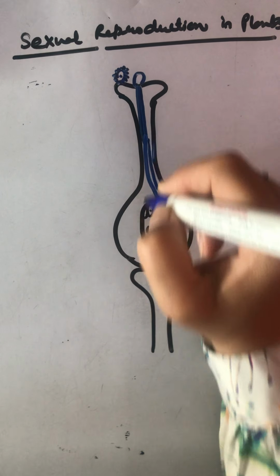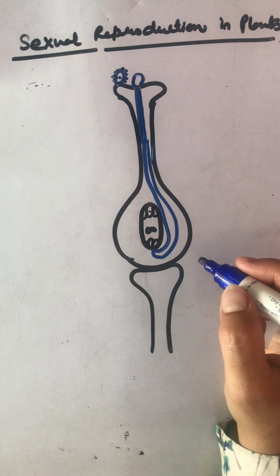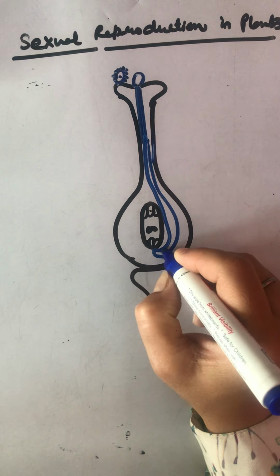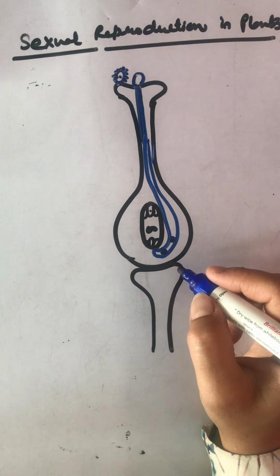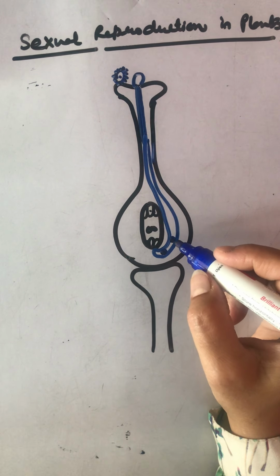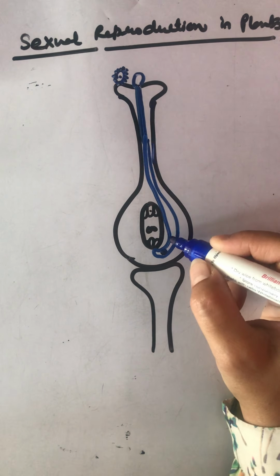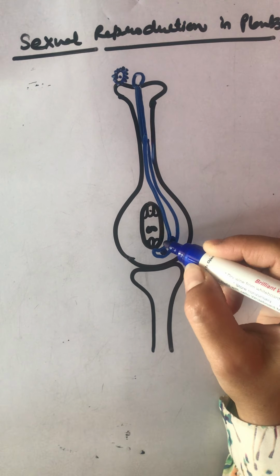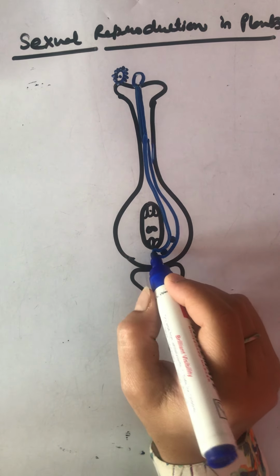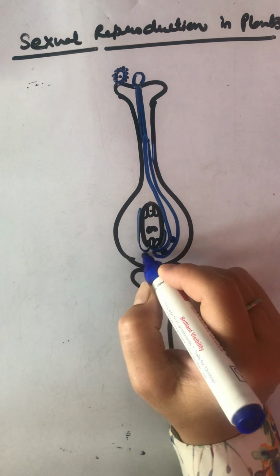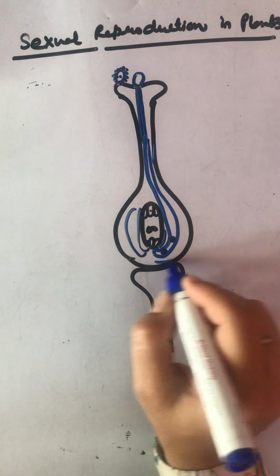This is how it is going to reach further. Now the two motile male gametes which are here are carried or formed inside the tube during its growth in the style region. After reaching the ovary, the pollen tube enters the ovule through the micropyle end. This end, the lower end, is the micropyle end.